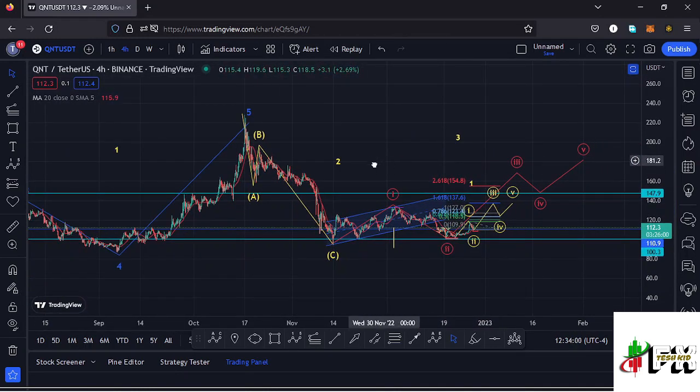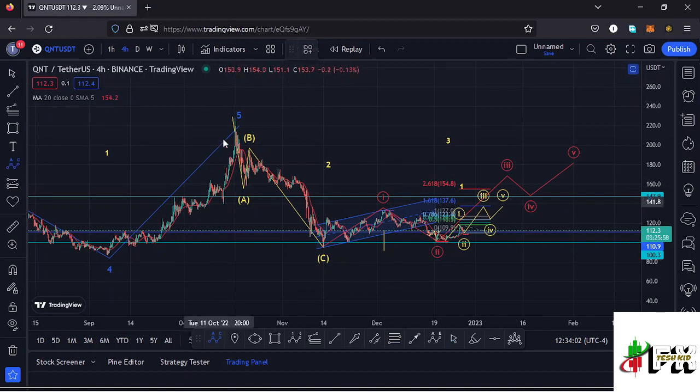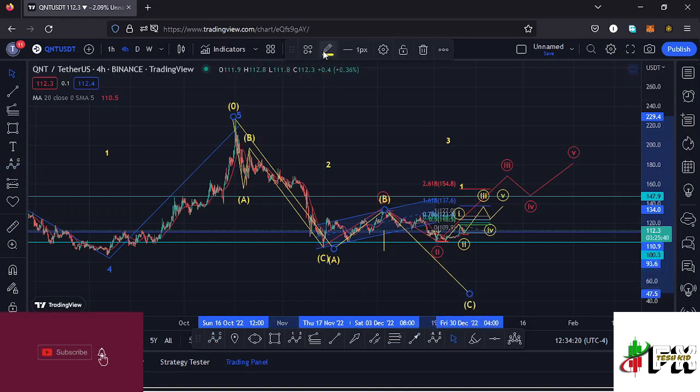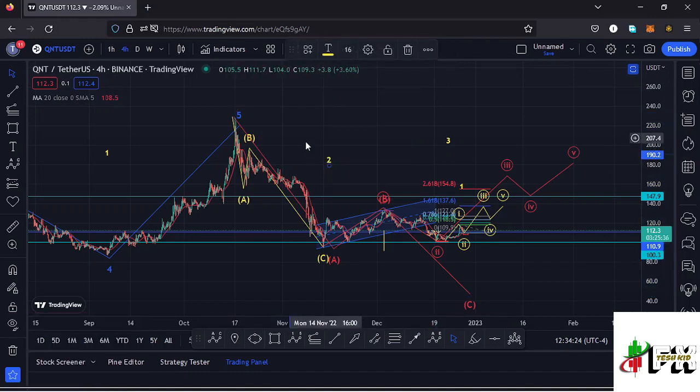The other possible ABC corrective structure is having this as a massive wave A to the lower side, and whatever we have over here making our peak at around the $134 mark, that might be the formation of that wave C, and we are seeing a bit of a short-term bullish movement to the upside before we continue heading even lower in the formation of that wave C, which should fully maximize the formation of that higher Elliott wave count 2 to the lower side.